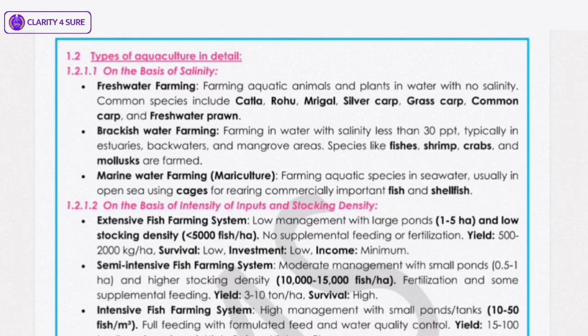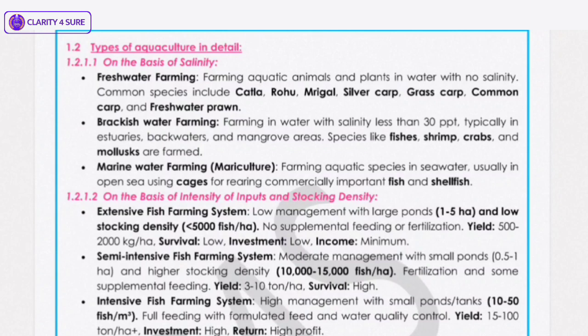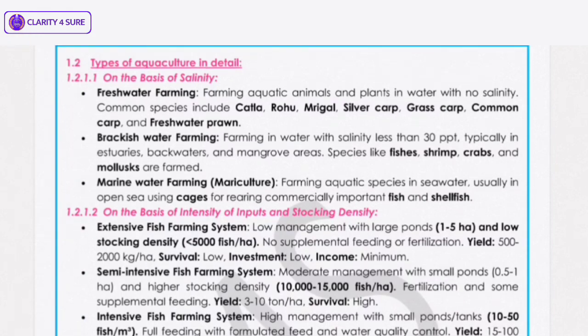Next we will talk about brackish water aquaculture. This type is practiced in estuaries and coastal lagoons where the salinity is less than 30 ppt, typically in mangrove areas also. Species like fishes, shrimp, crabs and mollusks are farmed here.